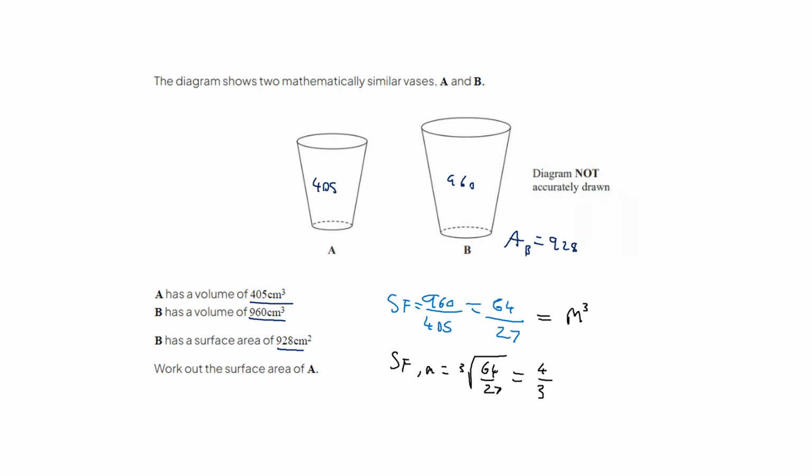And so therefore, the scale factor for area, that's just going to be 4 over 3 squared, okay? Which is equal to 16 over 9.